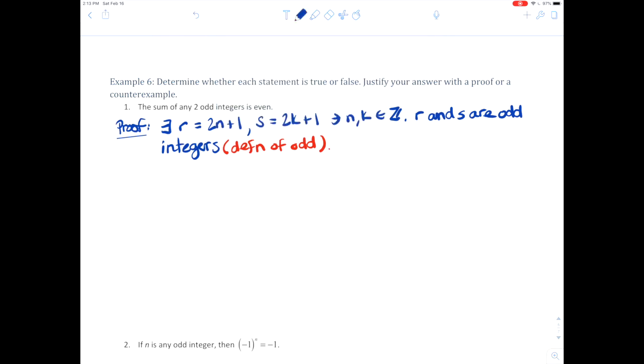All right, so next up, we've got this going on. Well, what do we need to do? The premise is saying that the sum of any 2 odd integers is even. So premise is sum of any 2 odd integers, and the conclusion is, hey, these 2 integers will be even. No. The premise is what? If I add 2 odd integers, then my sum is even, right?